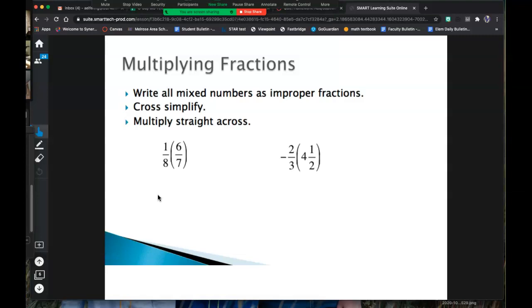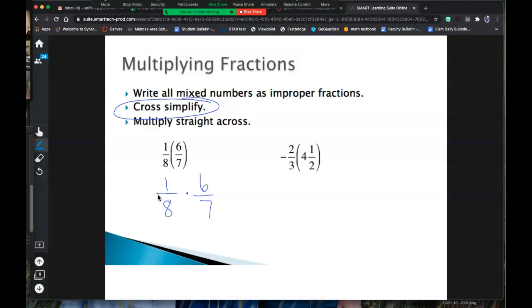I have 1/8 times 6 over 7. We don't have any mixed numbers, so we're good. Now right here where I say cross simplify, I would suggest doing this all the time, and that's simplifying on the diagonals. If there's anything diagonally that we can simplify, we should. It's going to make our multiplying at the end easier.